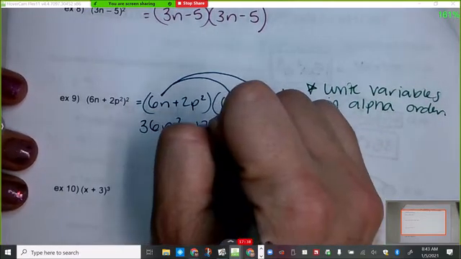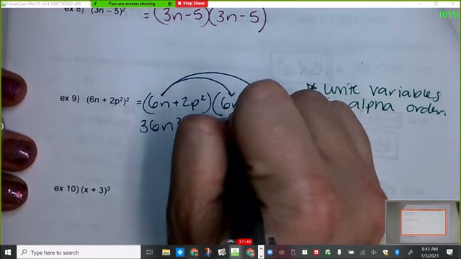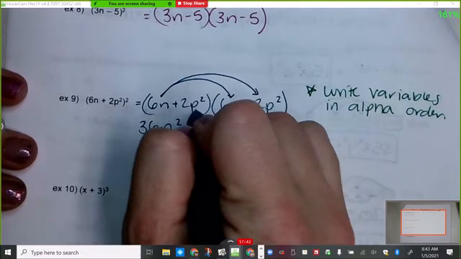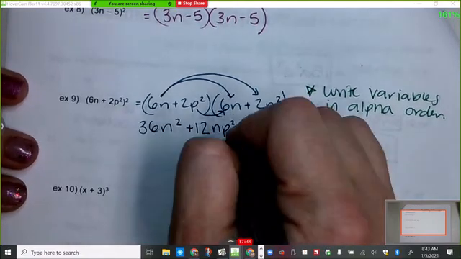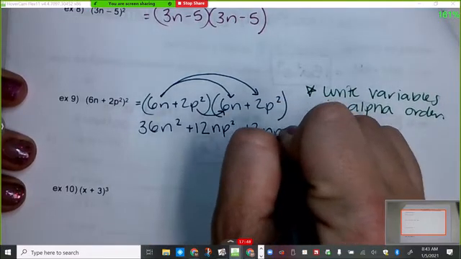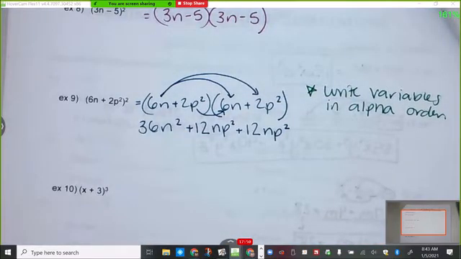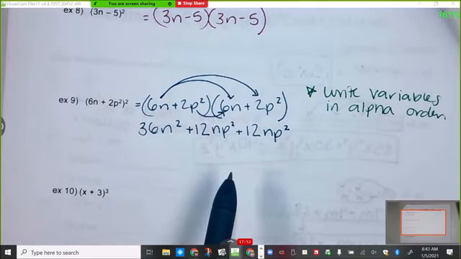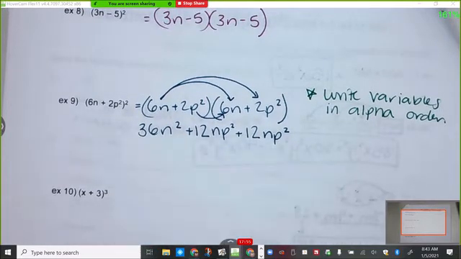N, so it's np squared. 2p squared times 6n, again, is 12. And again, you write it in alphabetical order, so np squared. The biggest reason behind that is because now we see that these are like terms. If you would have written it the other way, you might not have noticed that they're like terms because np squared and p squared n look different. Does that make sense? Okay.